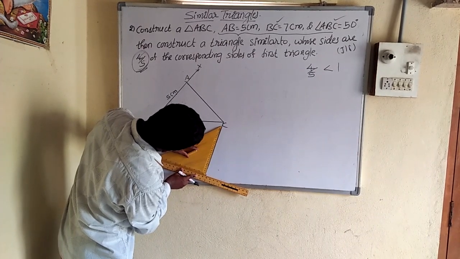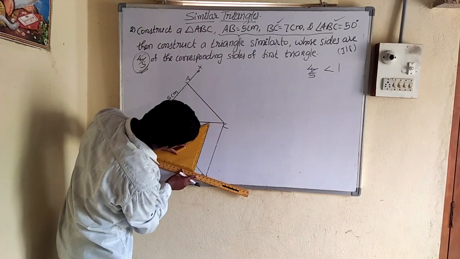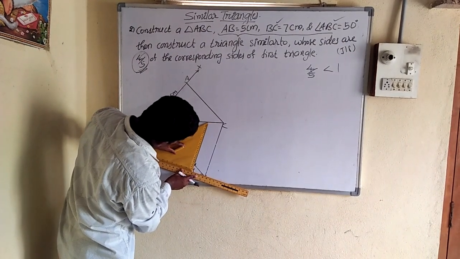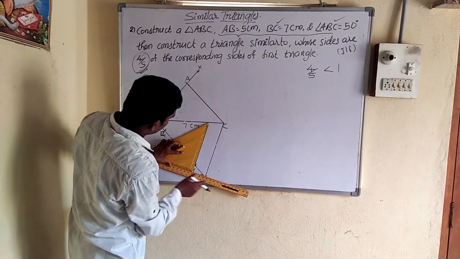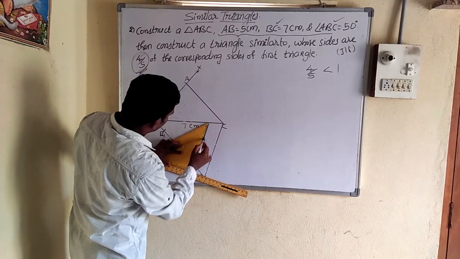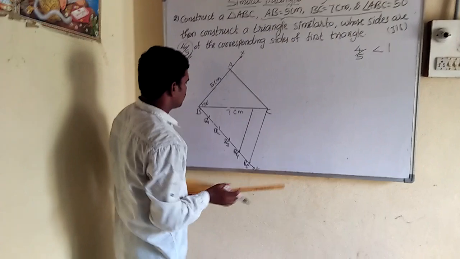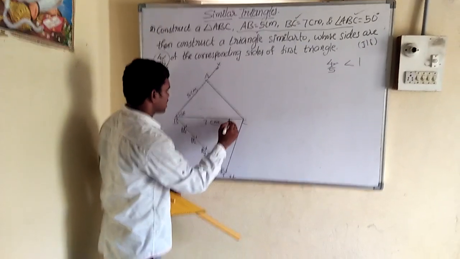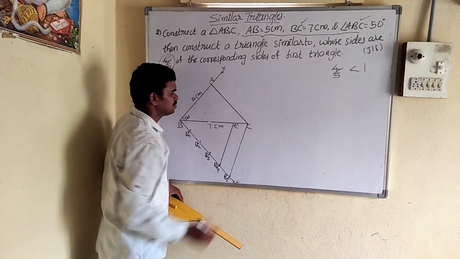Yes, this is B5C. I have to draw a parallel line from B4, because 4 by 5 means from 5 parts take 4 parts. So this is B4, and this is taken as B to C dash.